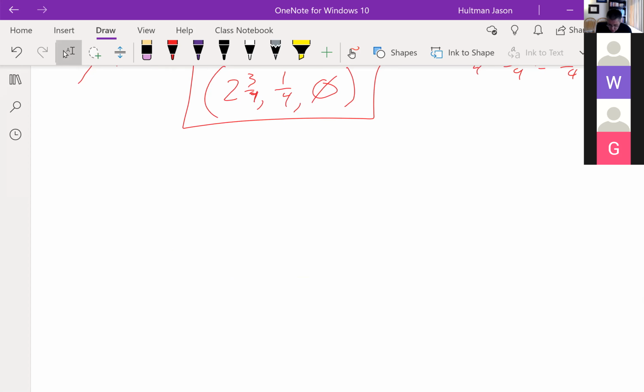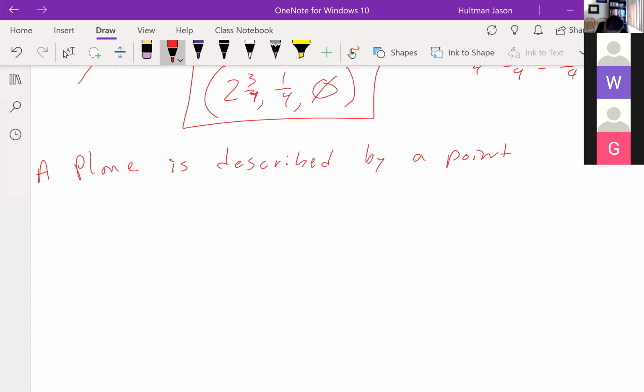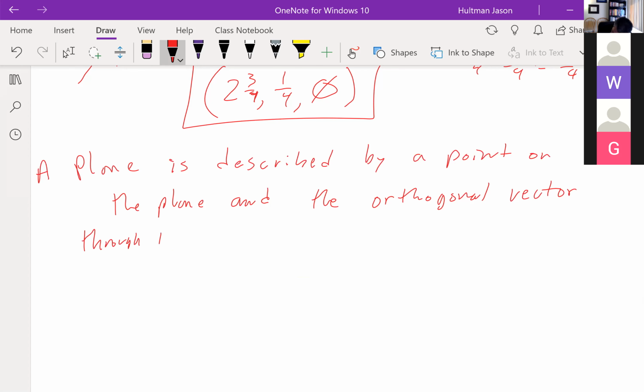Okay, let's talk about what a plane is. A plane is described by a point on the plane and the orthogonal vector through that point, called the normal vector.